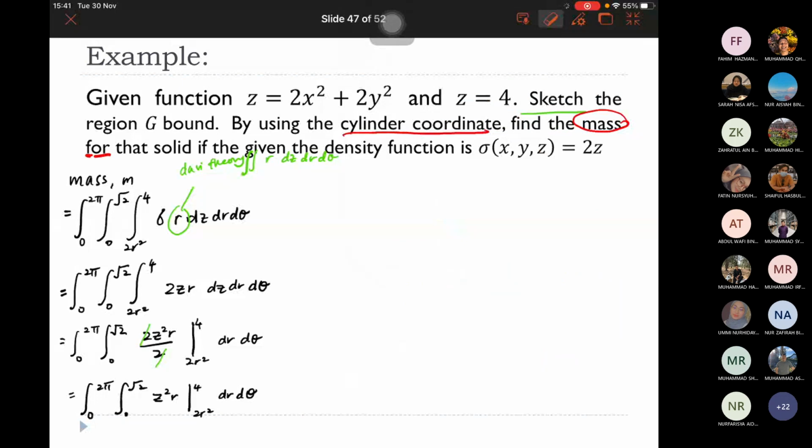So this one will be equal to 0 sampai 2 pi, 0 sampai sed 2. Z kuasa 2, that means 4 tolak 2 R squared.